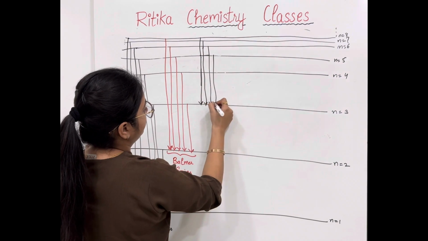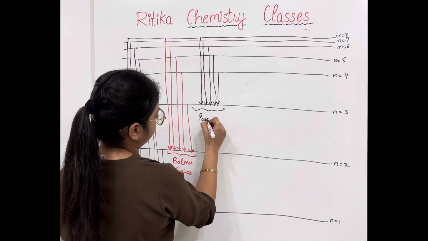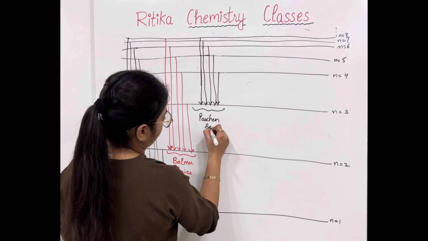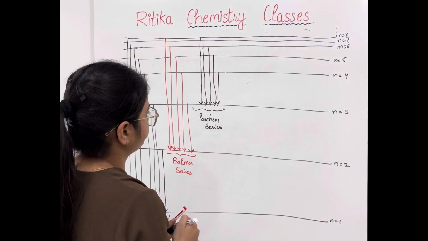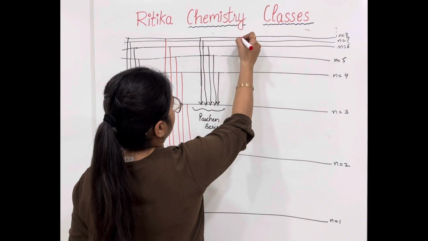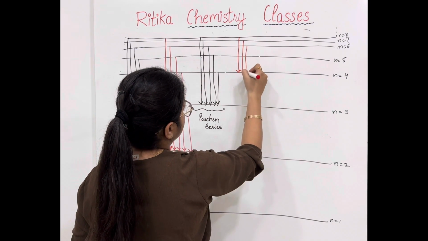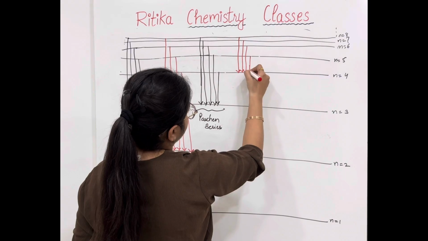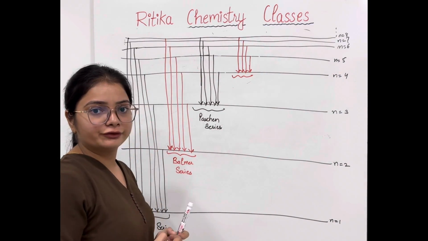So this set of lines is known as Paschen series. It is also possible that electrons in higher energy levels, after transition, come to energy level n equals 4.